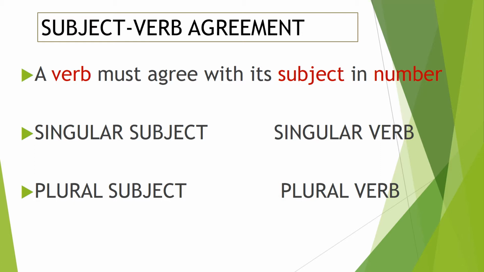Talking about number, we are referring to singular or plural subject. Now, always remember the general rule. Singular subject goes with singular verb, while plural subject goes with plural verb.